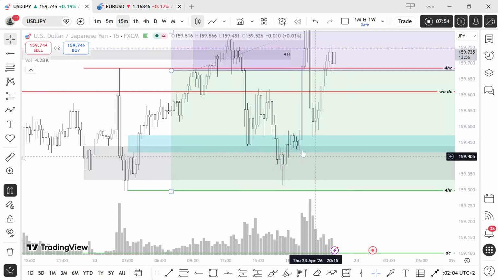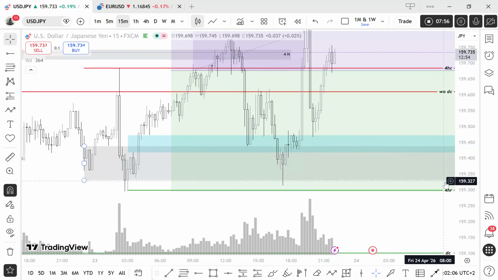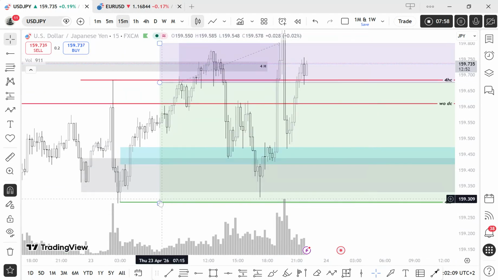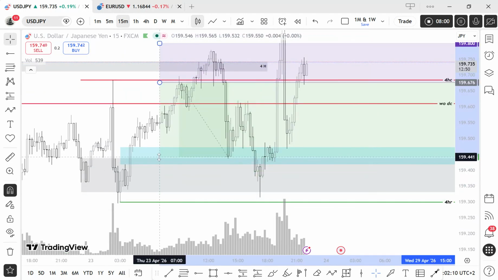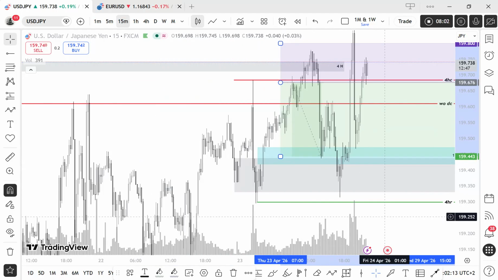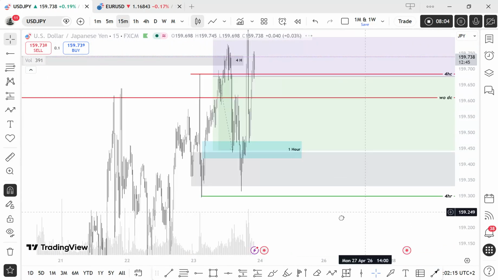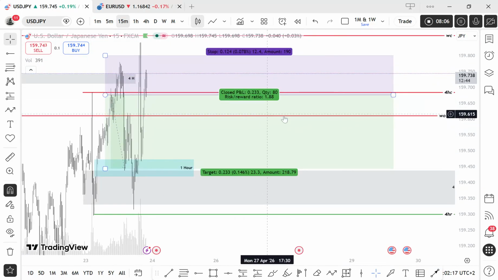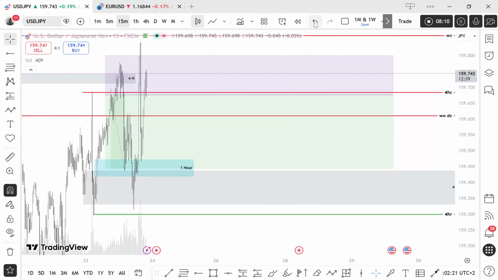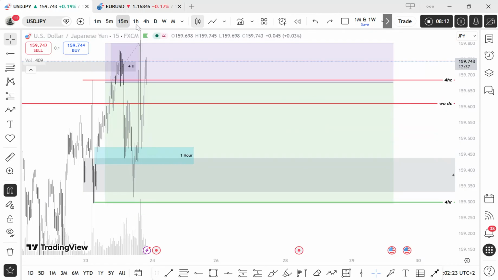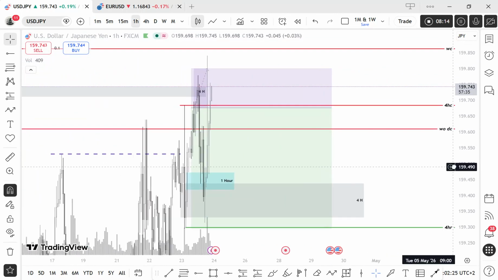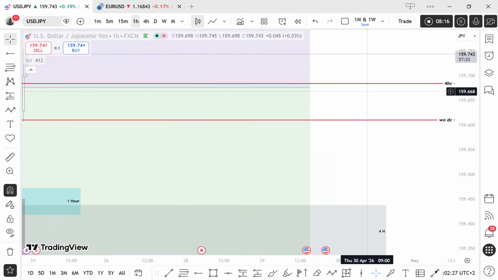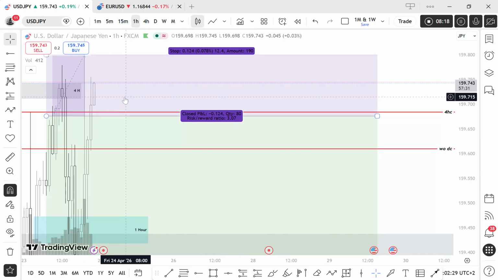The church happened. I disrespected my plan, and instead of gaining, let me see, 1.8 R, basically I got stopped somewhere around this level.